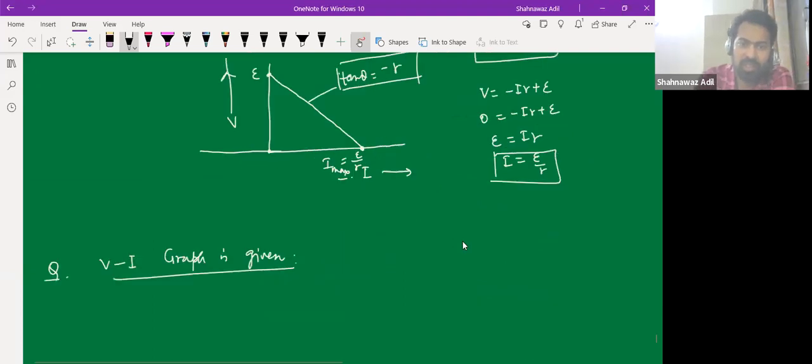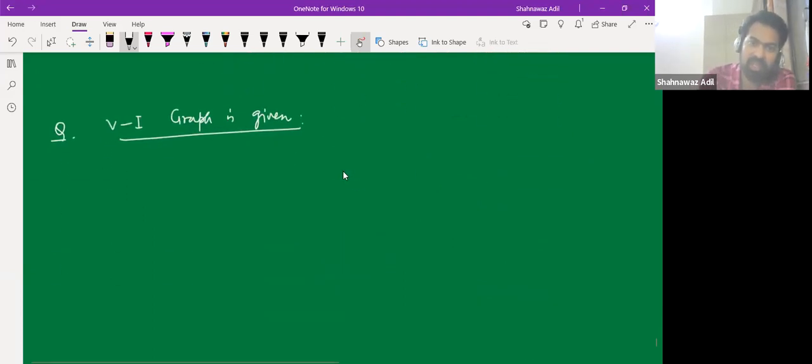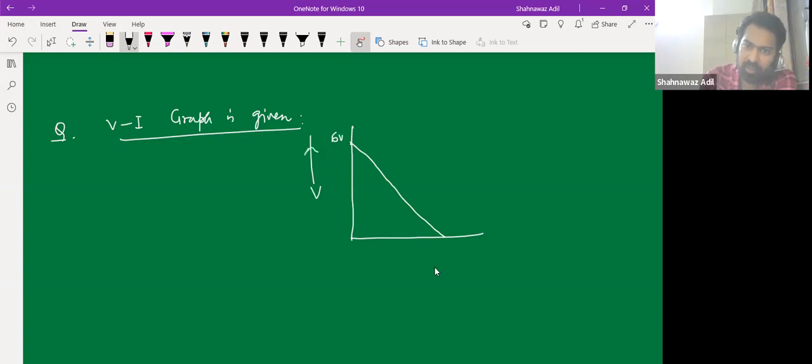Now the question is that you have a VI graph which is given. So this is 6 volt, and this is the V and I graph, and this point is 2 amperes.